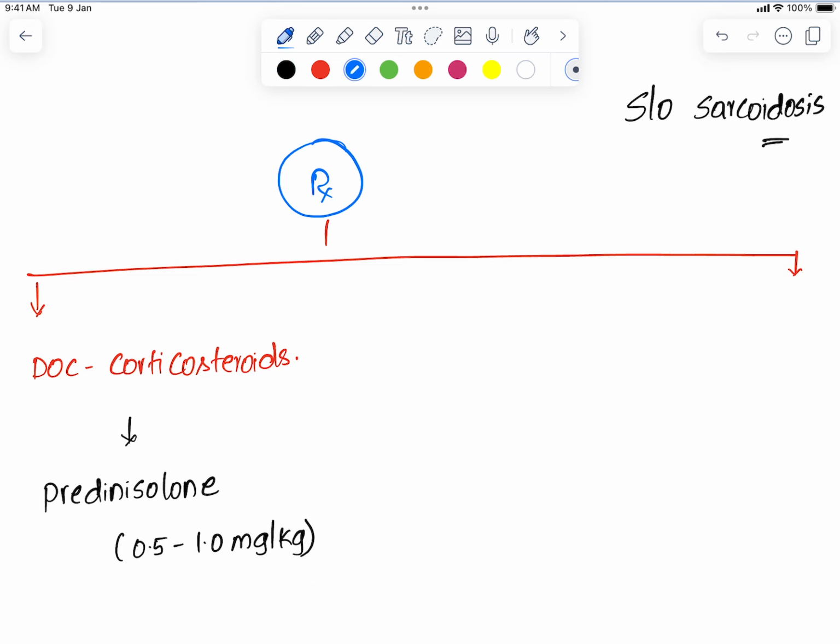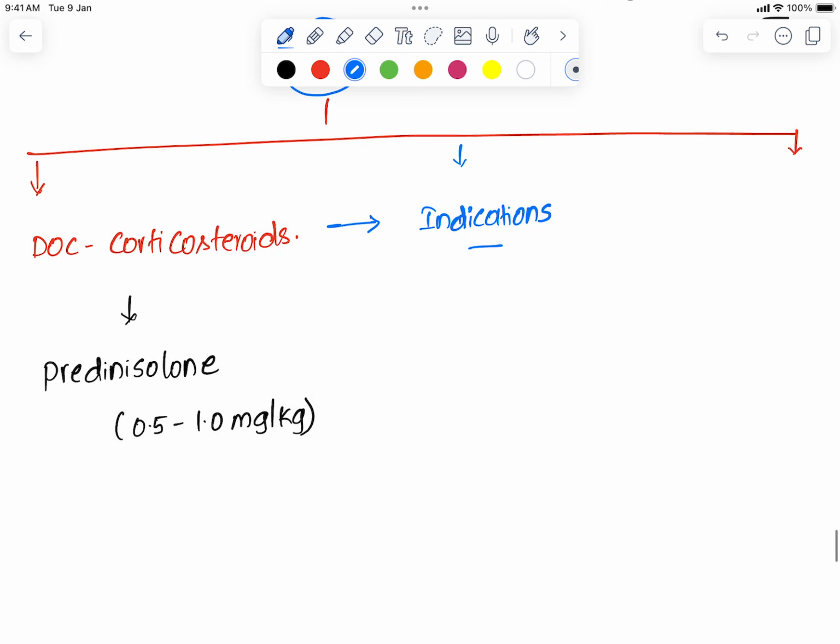Now, what exactly are the indications for sarcoidosis? The indications include, number 1, the development of hypercalcemia.